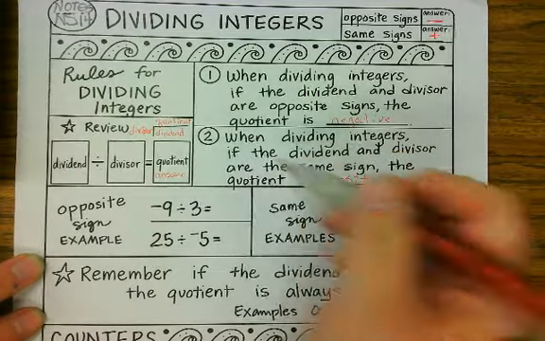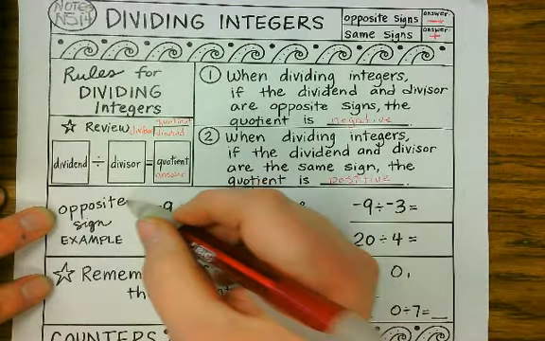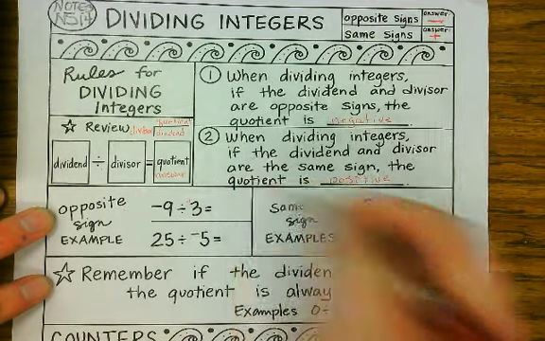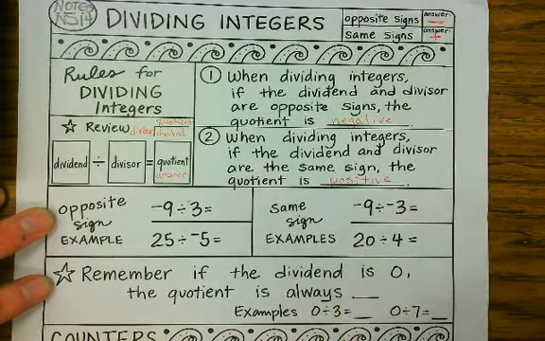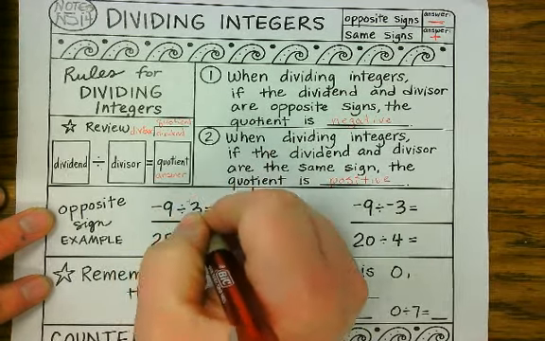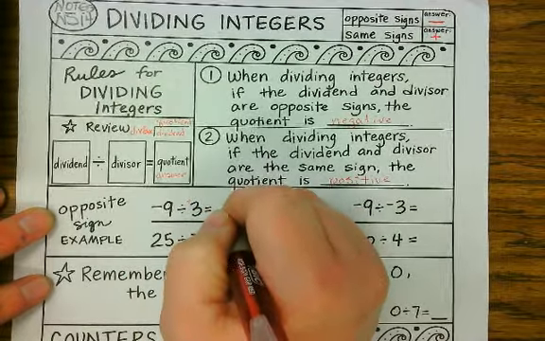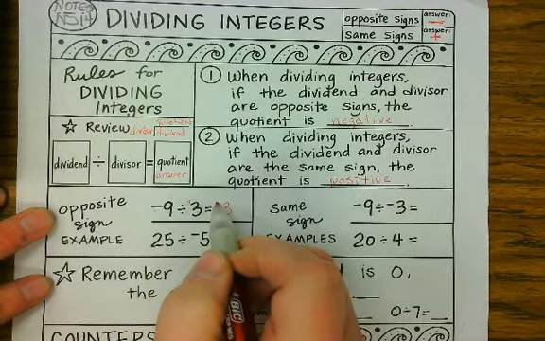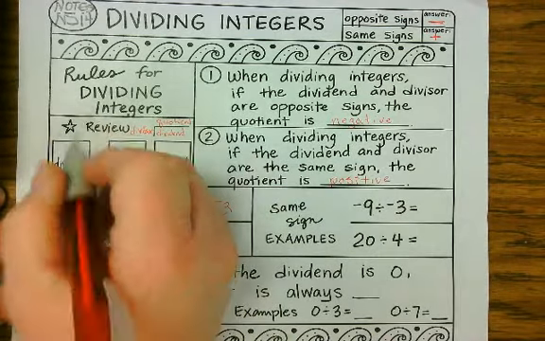Now, over here, we have opposite sign example. So, opposite signs. This one's a negative, this one's a positive. We don't have to put the symbol in there, but we know that that 3 by itself is a positive. So, 9 divided by 3 is 3. Negative and a positive is a negative. Okay, just like we said.